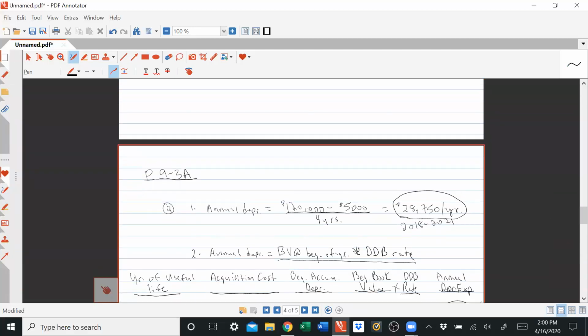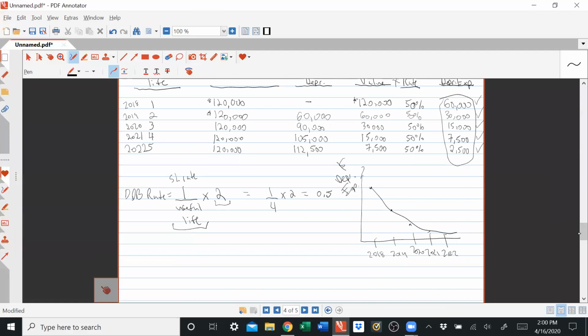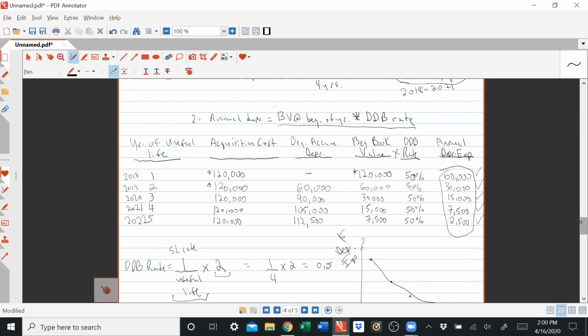In part 1, the depreciation expense under the straight-line method is the same amount, this amount, 28,750, for each of these 4 years. If we plot that against time, so we have 2018, 2019, 2020, and 2021, $28,750 every year, that's just a straight line.